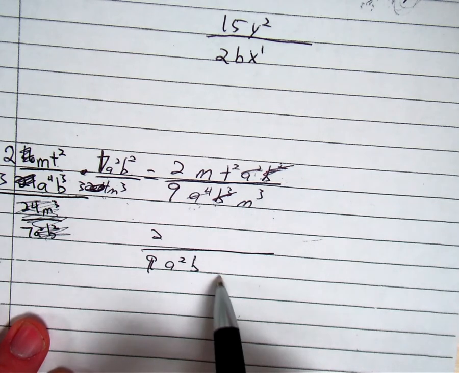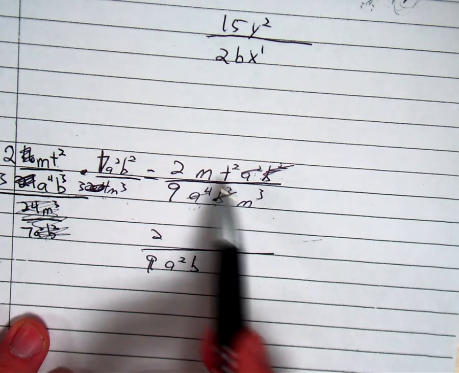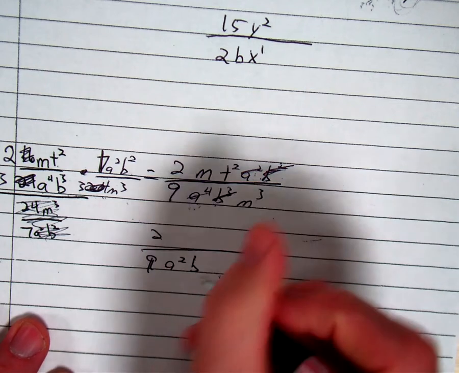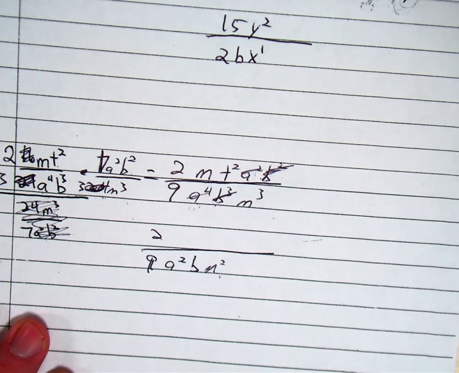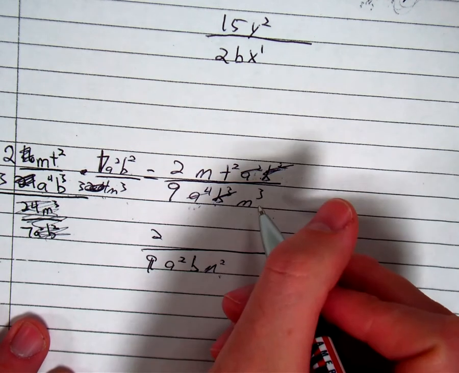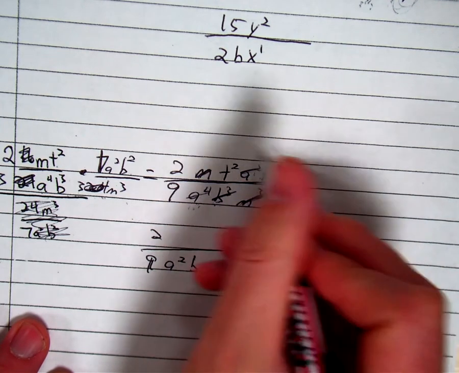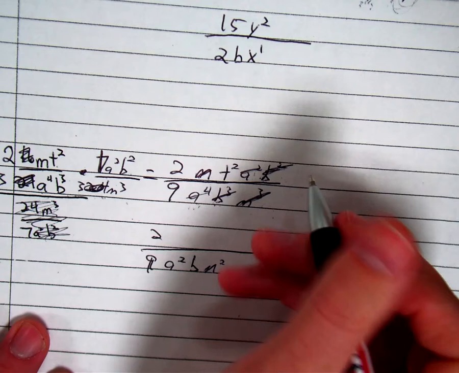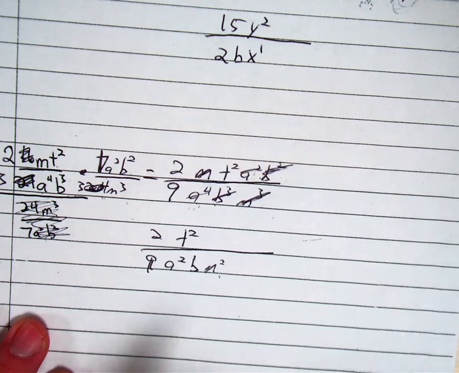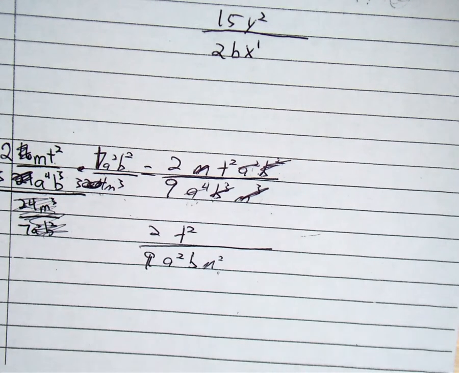M's are bigger on the bottom. Again, 3 minus 1 is going to be M squared on the bottom. And then our last thing here, we have T squared on the top. Nothing with it here to reduce it, so just T squared on the top. So we have 2T squared over 9A squared BM squared.